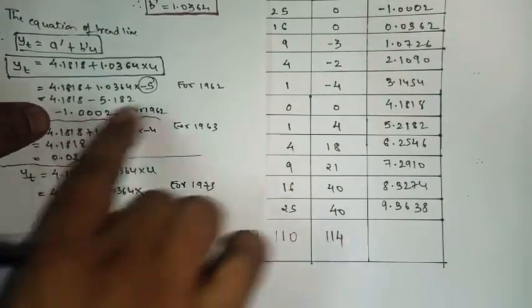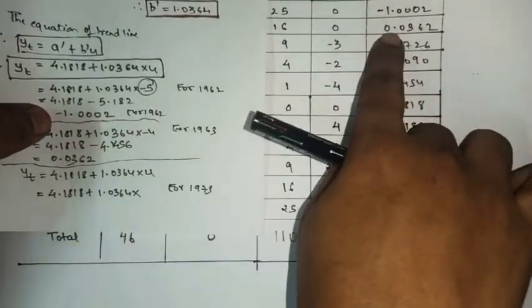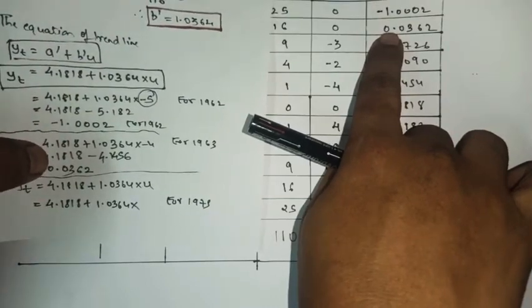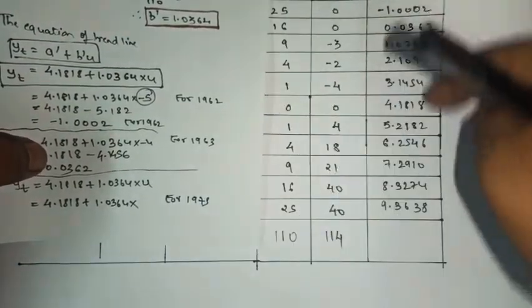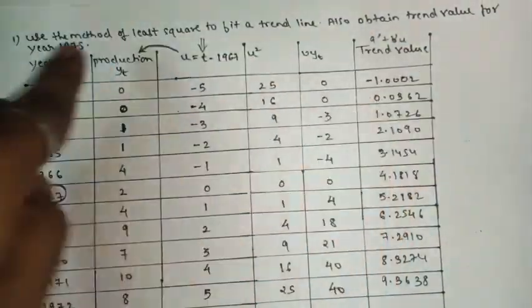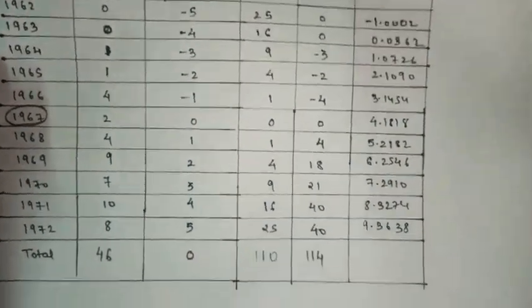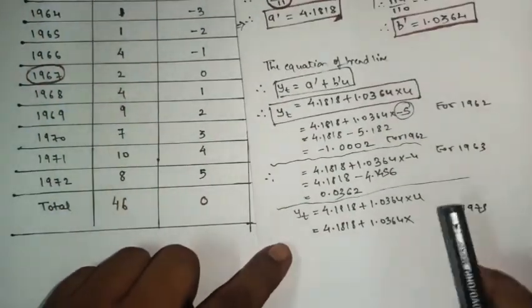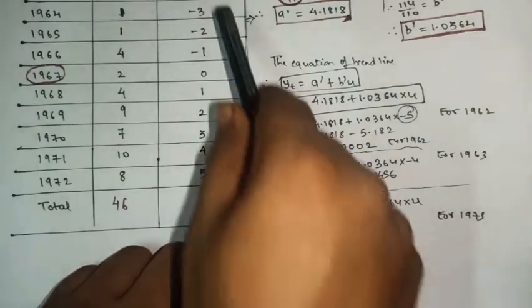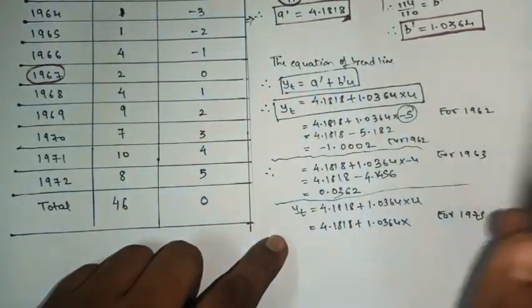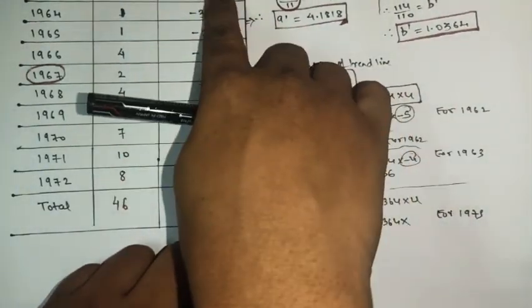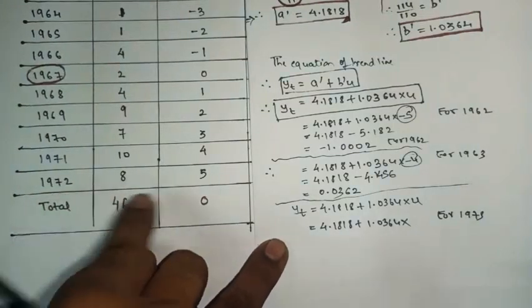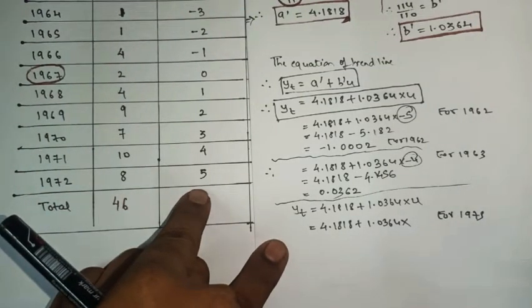For 1962 here we got -1.002, for 63 we got 0.0362. Now as per the question you have to find the trend value for 1975. So what will be the value of u for 1975?